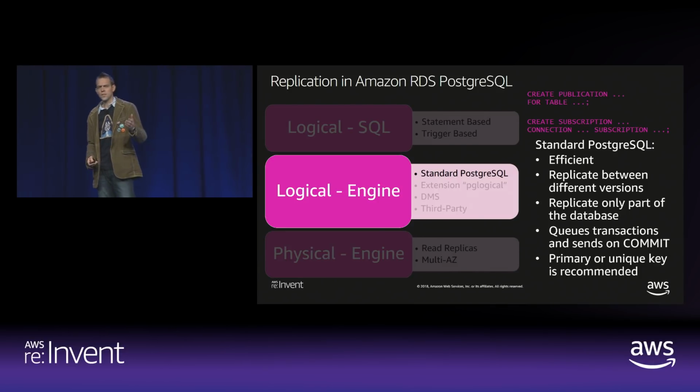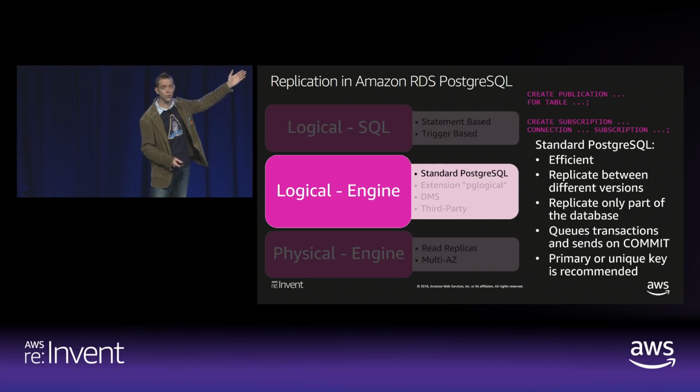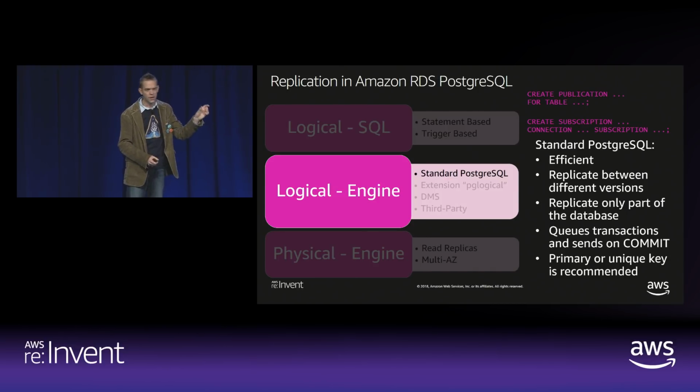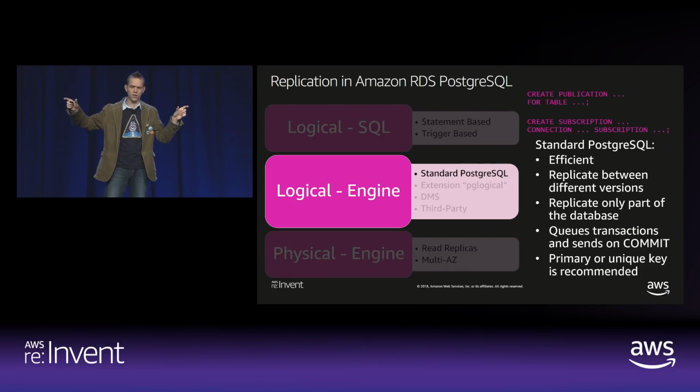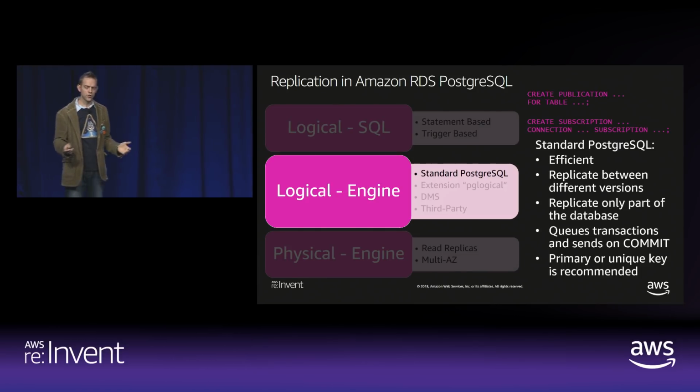It's simple. It's available. It's just a couple of simple SQL statements. You can create publications, and on a table-by-table basis, say, publish the changes for this table, and then over in another database, you can subscribe to that publication and receive all those changes. It's efficient and simple.